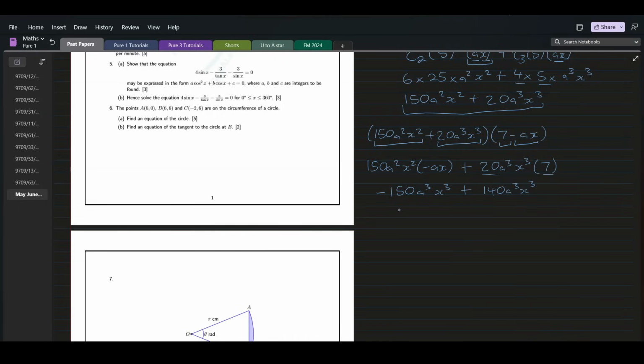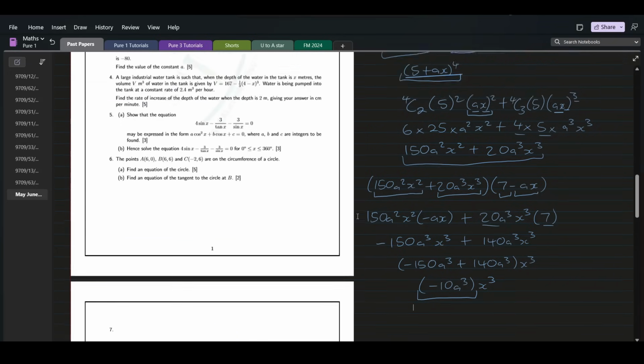Factor out the x cubed, so it's negative 150 a cubed plus 140 a cubed x cubed. So if we simplify inside the bracket, we have negative 150 plus 140, so that's negative 10 a cubed, and this is x cubed. So this part over here represents the coefficient of x cubed.